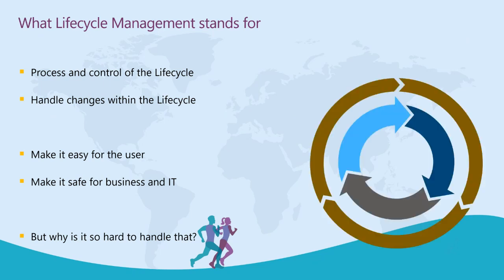First of all, what lifecycle management stands for. Basically, it's a process to control the whole life cycle. And life cycle is a kind of easy word, so what is the real purpose behind that? What's the real background? Basically, life cycle is more than just the creation of something.